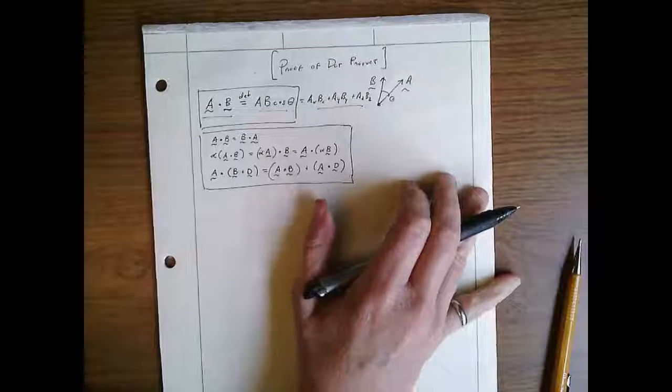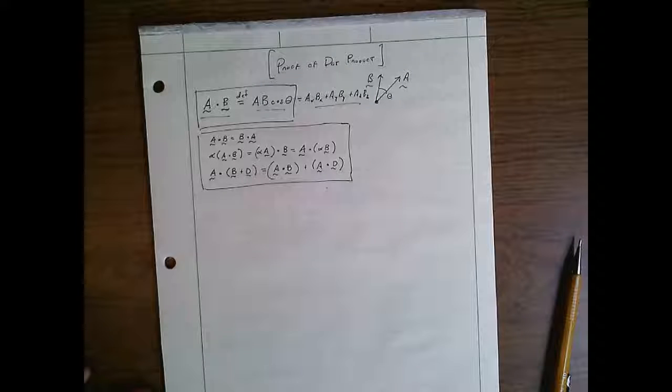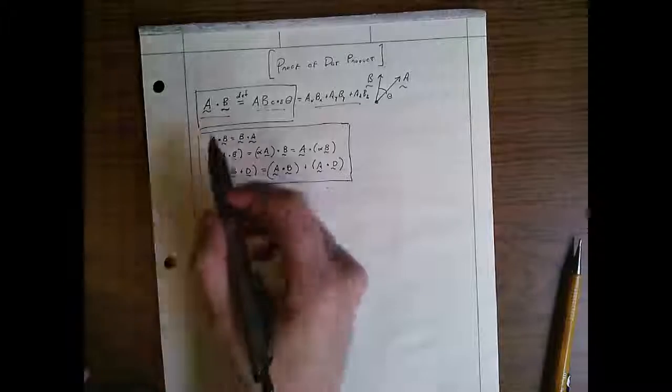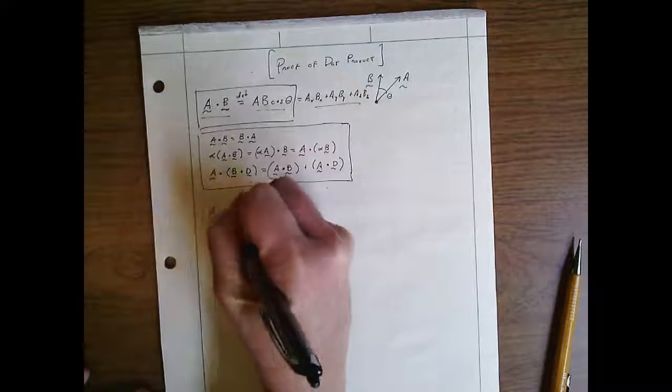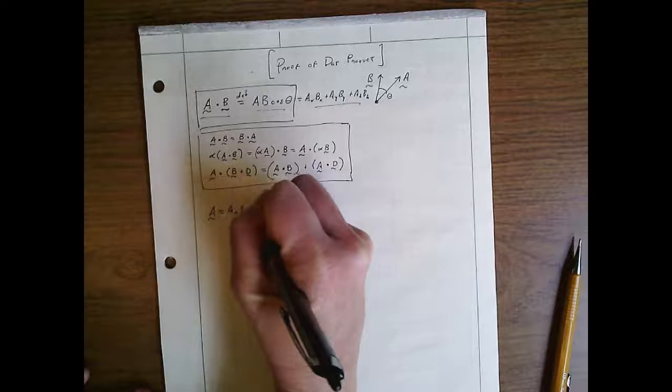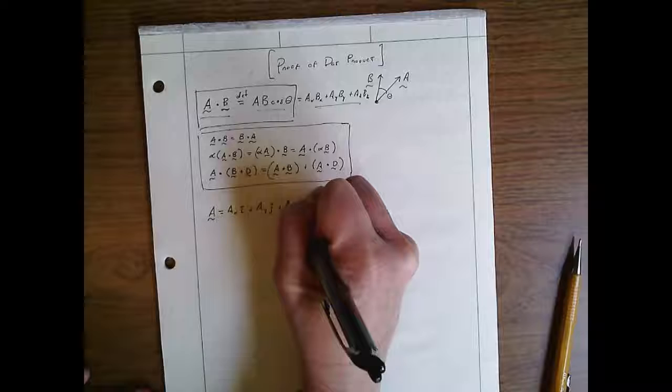Okay, so we are going to first look at how, well, actually, we'll start by writing out the vectors in component form. So A is equal to AX i plus AY j plus AZ k.